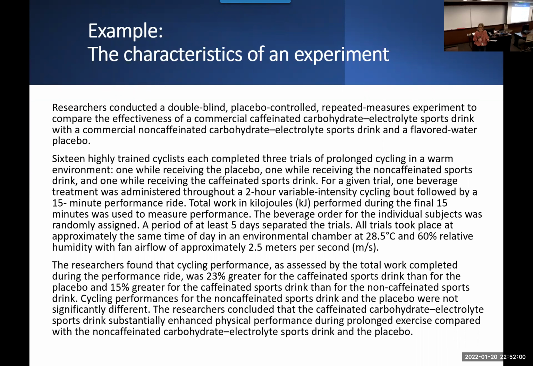What is our sample here? 16 cyclists, right? I would probably argue that if this was my design, my experiment, and I want my population to be the people who do prolonged exercises, maybe I want to add in some marathon runners or triathletes and not be so specific, because it seems somewhat specific to just look at cyclists.